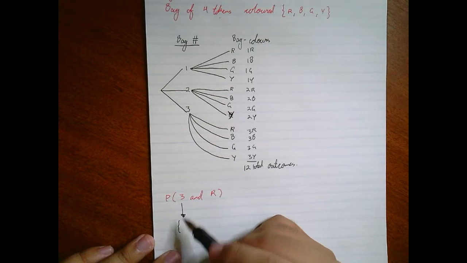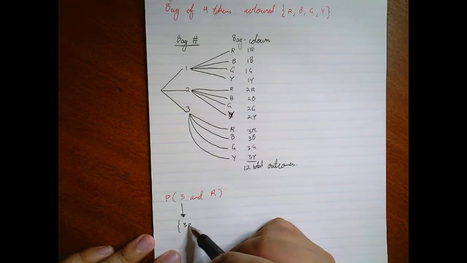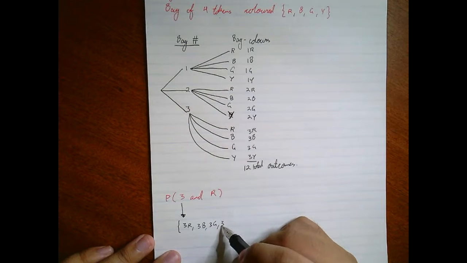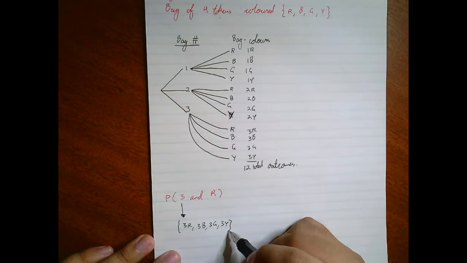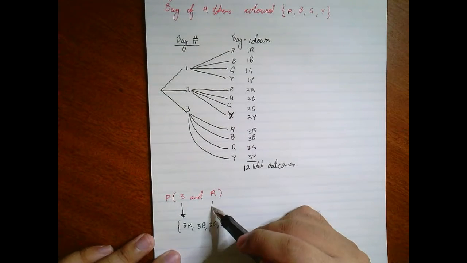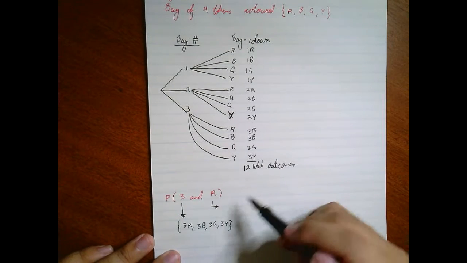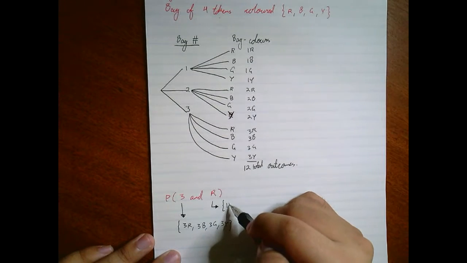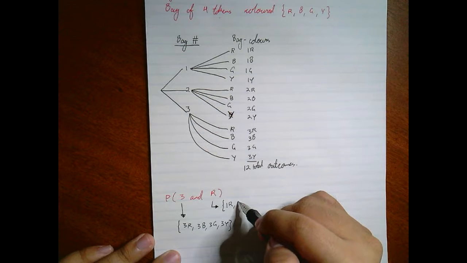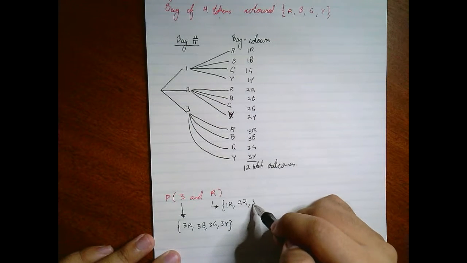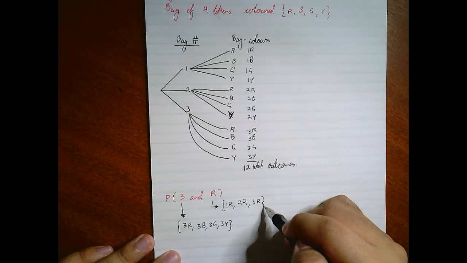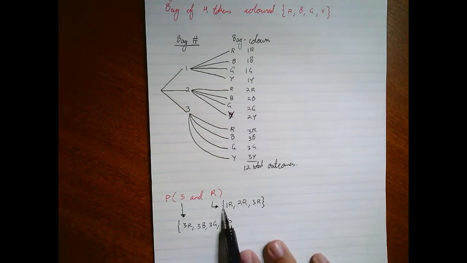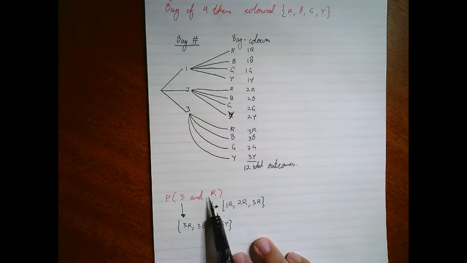You can get a 3 red, 3 blue, 3 green, or a 3 yellow. But with the red, there could be a 1 red, a 2 red, or a 3 red. But we don't want this. We want 3 and an R.